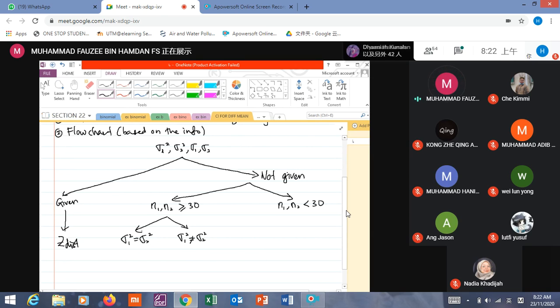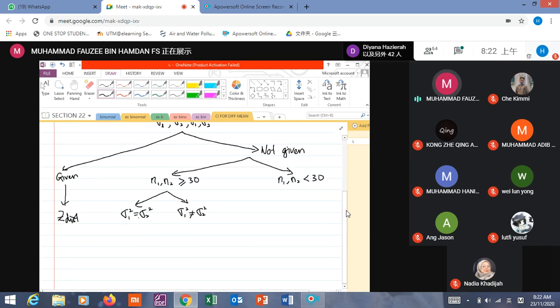So if the variances we assume in this case are equal, there is another measurement that you need to calculate, what we call SP. You need to calculate SP.